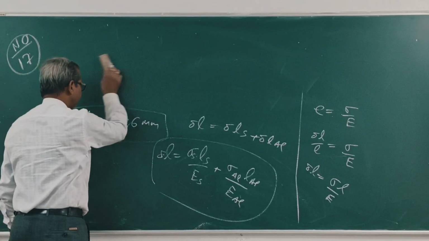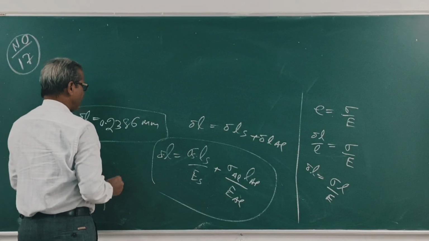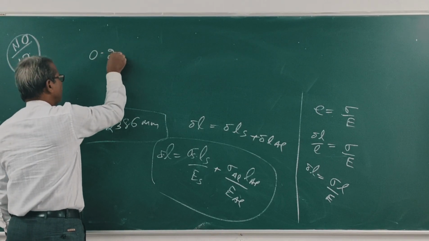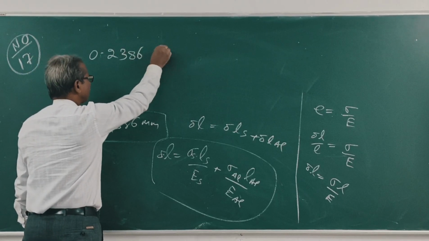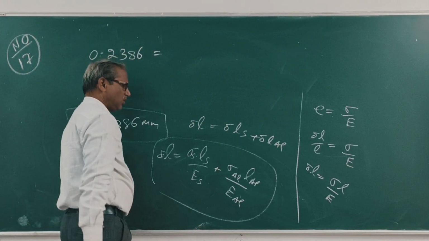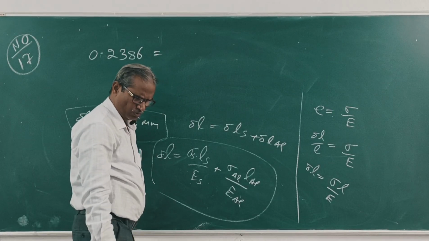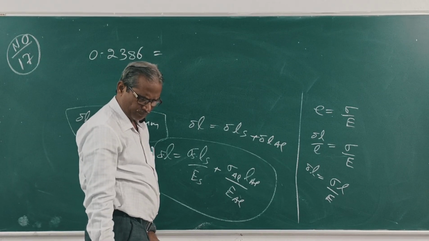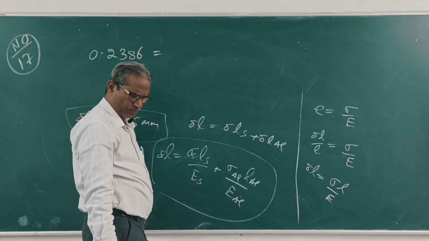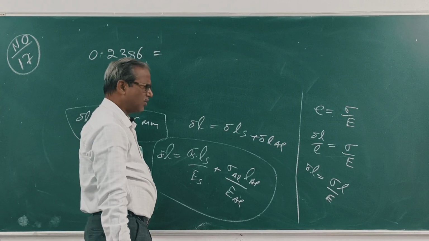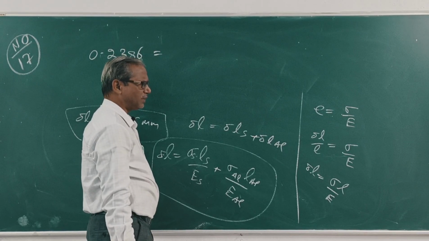Now delta L 0.2386 is equal to what is sigma S?